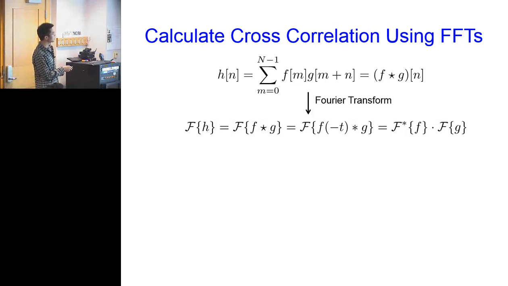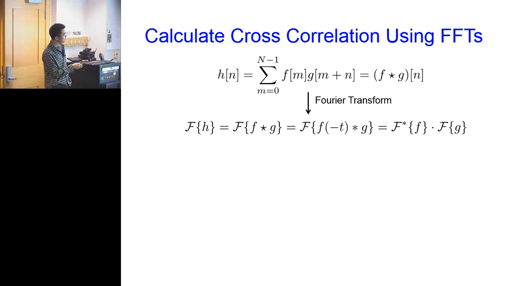This side becomes the Fourier transform of H, and the other side the Fourier transform of F star G. Another thing is that you can also view the cross correlation as a convolution between two signals, except you reverse one signal.